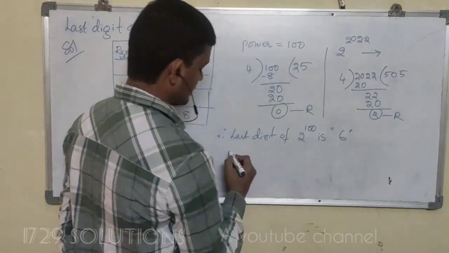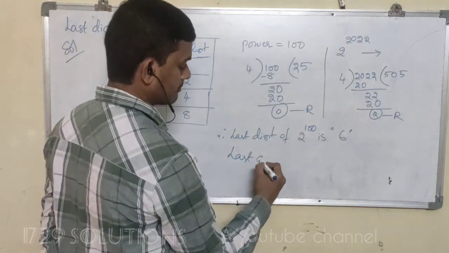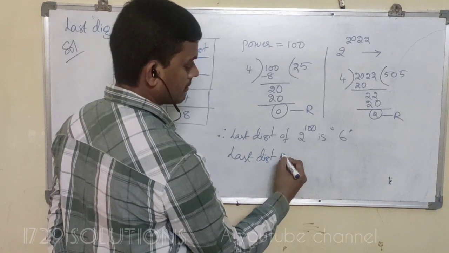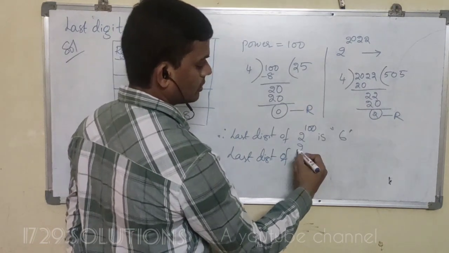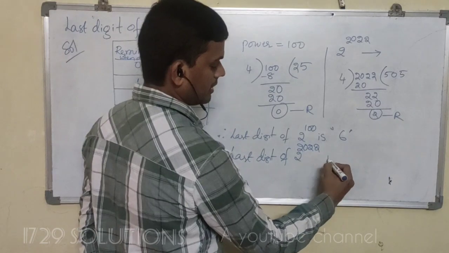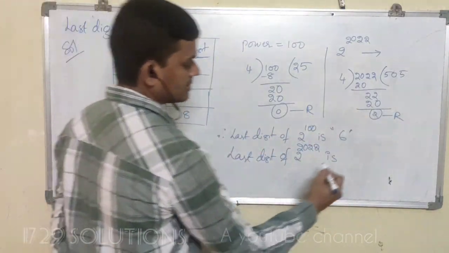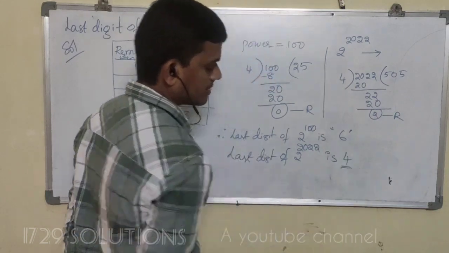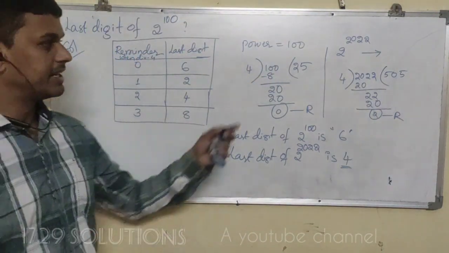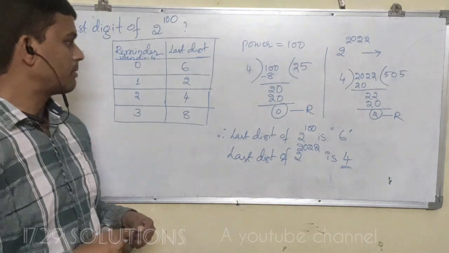So the last digit of 2 power 2022 is 4. That's it. Simple. You can find any power with the help of this table.